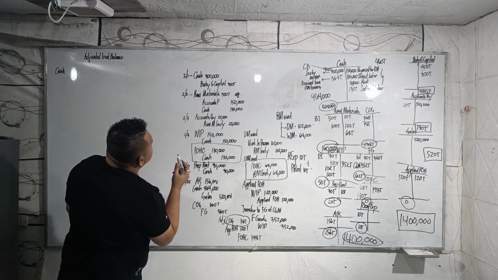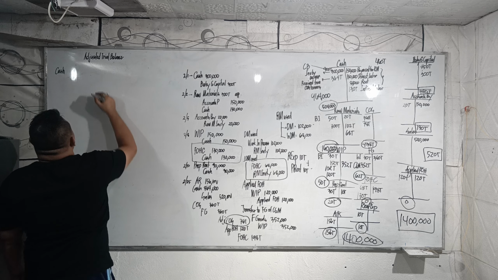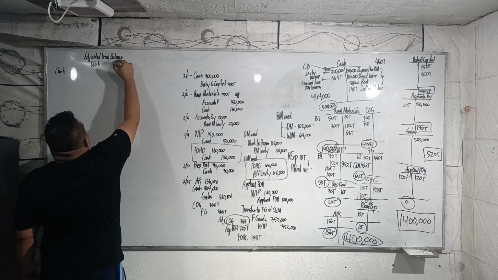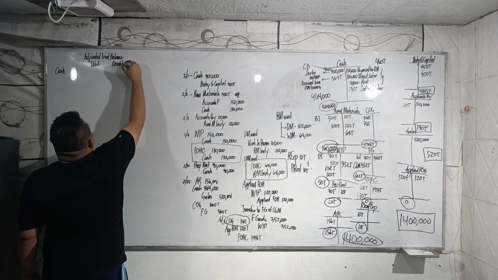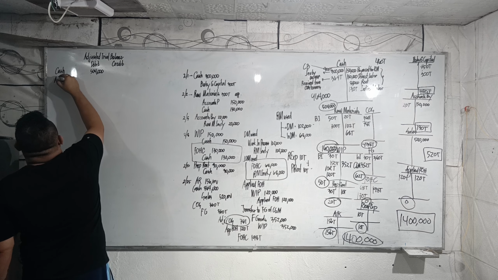Cash, yeah, the balance of cash is 504,000. So we have to put that in the debit, 504,000. And normally, the next one will be the accounts receivable.